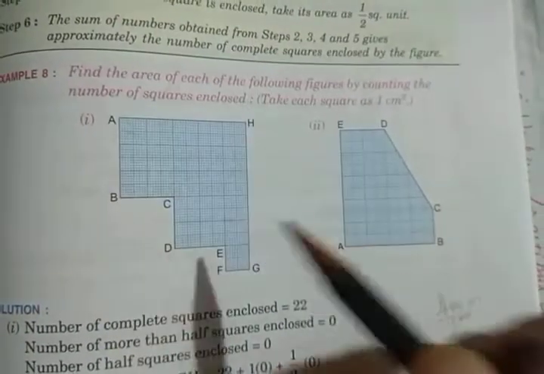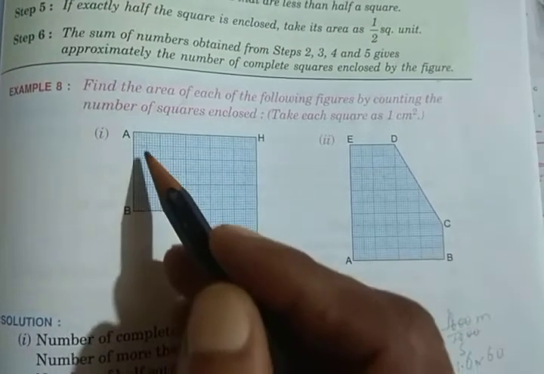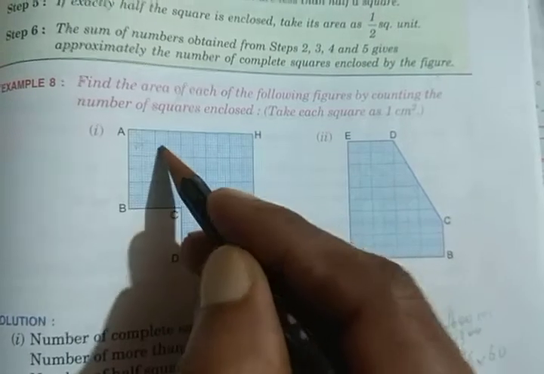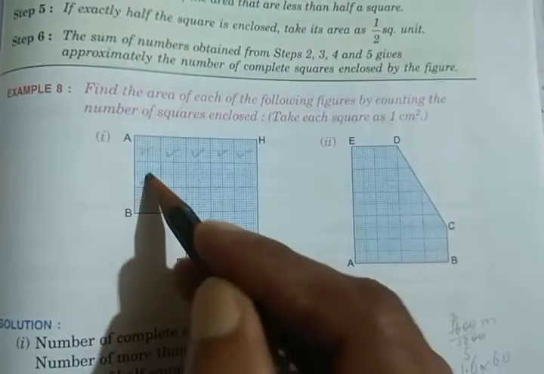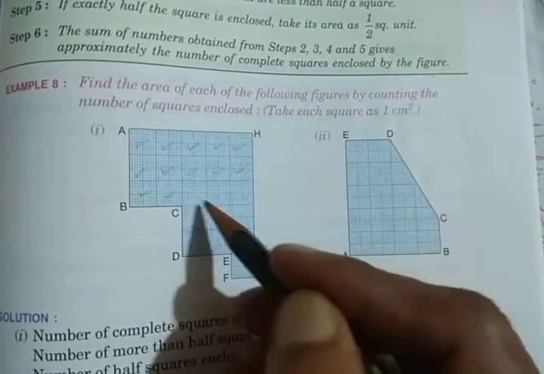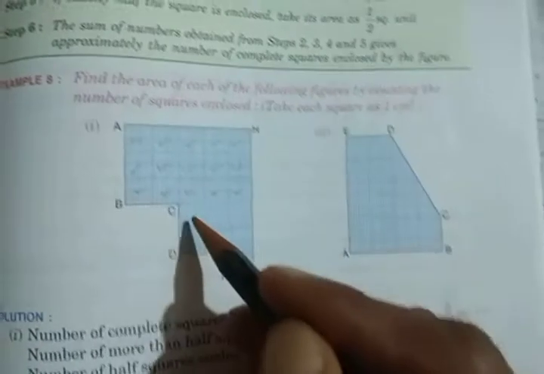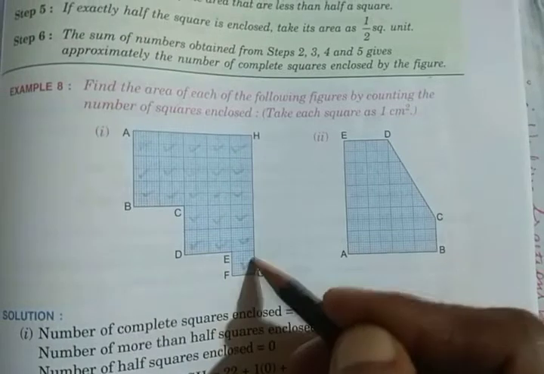So first of all you count all the squares: 1, 2, 3, 4, 5, 6, 7, 8, 9, 10, 11, 12, 13, 14, 15, 16, 17, 18, 19, 20, 21, 22.